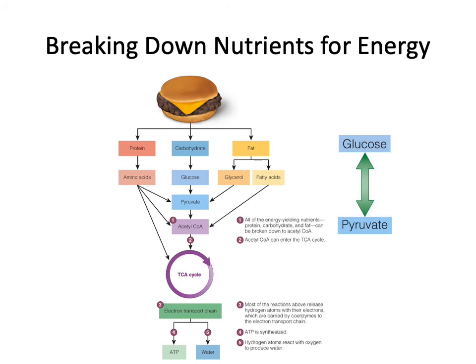Now, we see in this diagram the arrows are only pointing in one direction, but of course pyruvate can be reversed and made into glucose, and that then can be made into carbohydrates. It's the last step, going from pyruvate to acetyl-CoA, that is not reversible.